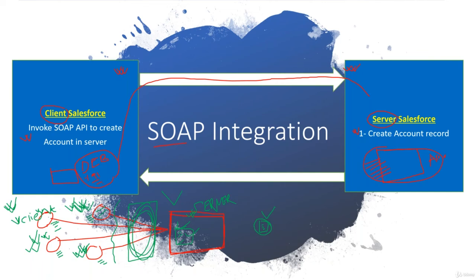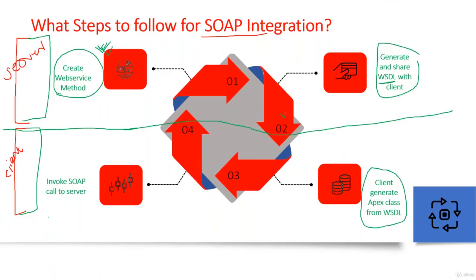Now I'm doing client also Salesforce, server also Salesforce, and they are going to communicate using SOAP. For SOAP, we create a web service method, we generate the WSDL file, then we share that WSDL file to the client. That client generates an Apex class from the WSDL. Then once I have the Apex class, the client will invoke my SOAP API call to the server. Nothing but the client will invoke my web service call to the server.